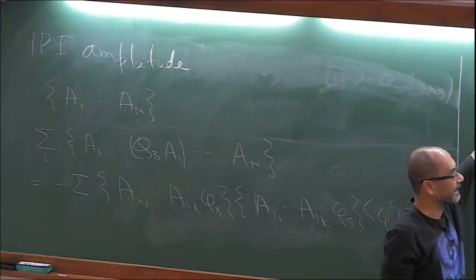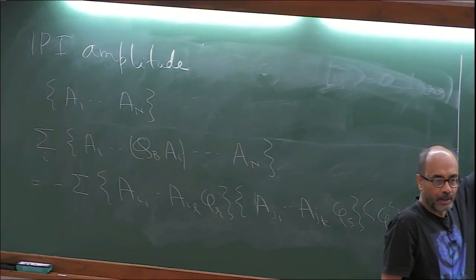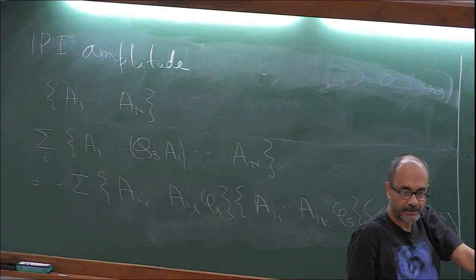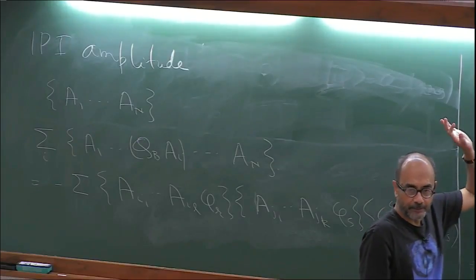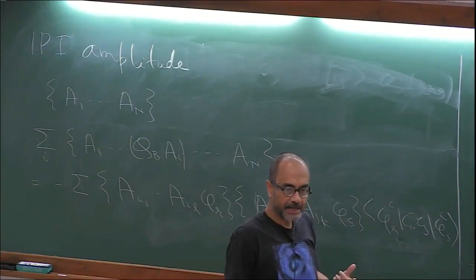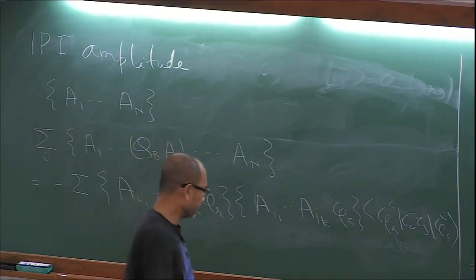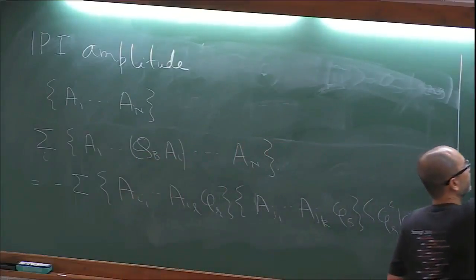By cutting this line, you break the diagram into two parts. So 1 pi amplitudes don't have contributions of this kind, and hence even if the theory has massless tadpoles, you can still define the 1 pi amplitude. That of course is important, because eventually we'll solve the massless tadpole problem using 1 pi amplitudes, or the 1 pi effective action. If the action was ill-defined, then you couldn't do what you are going to do.